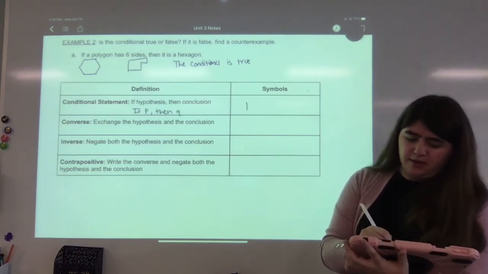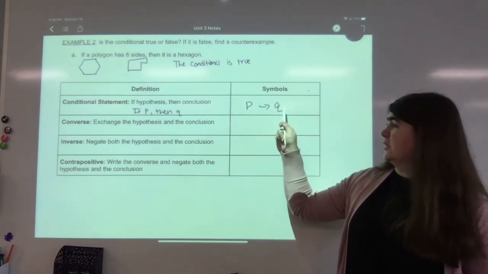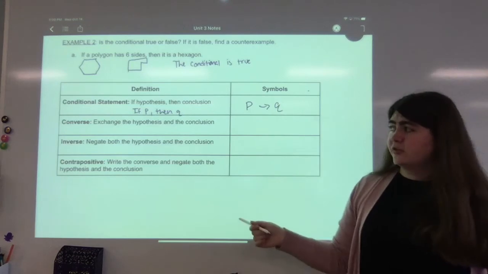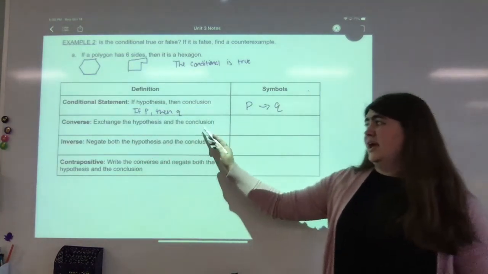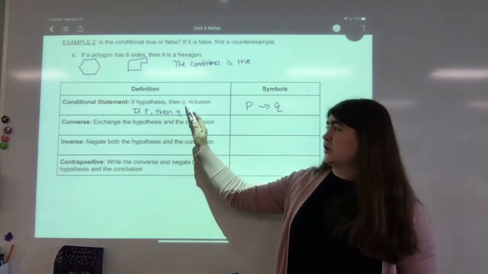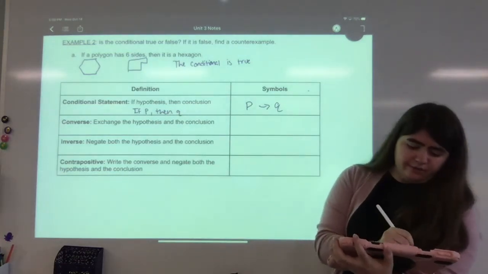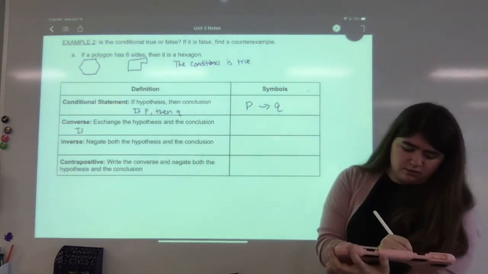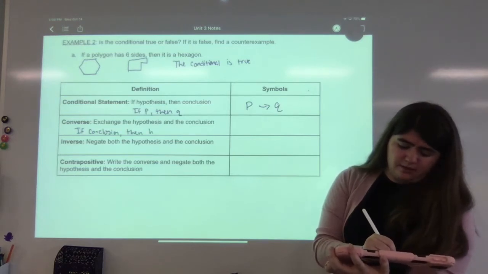So we would write that as P, arrow, Q. If P, then Q. The converse of a conditional statement exchanges the hypothesis and the conclusion. So before we said, if hypothesis, then conclusion. Now we're flipping them. So now we're saying, if conclusion, then hypothesis.